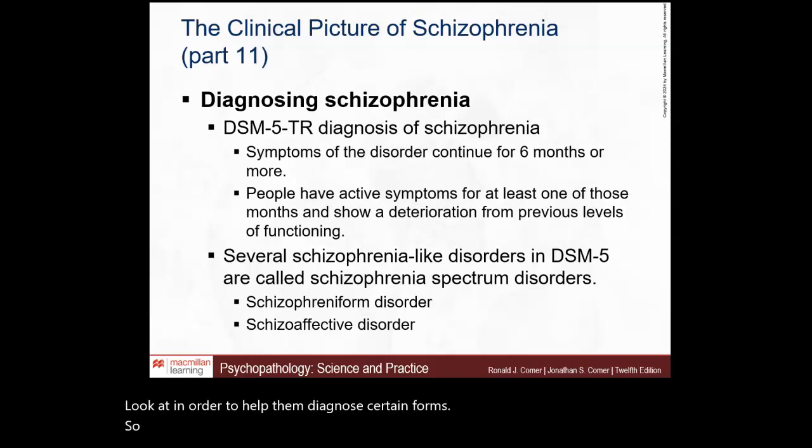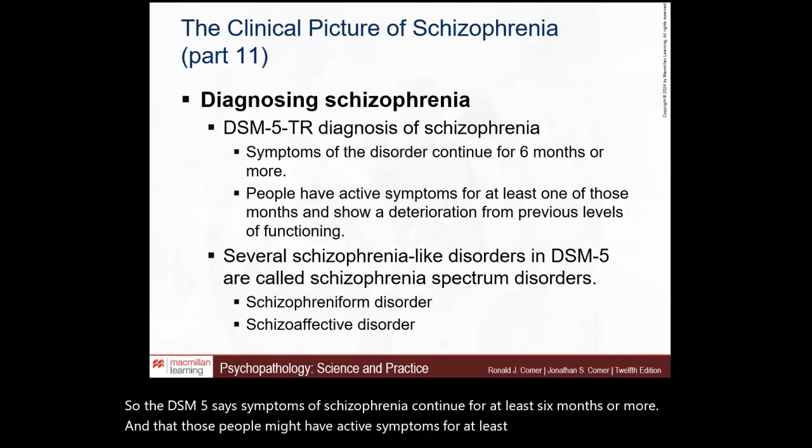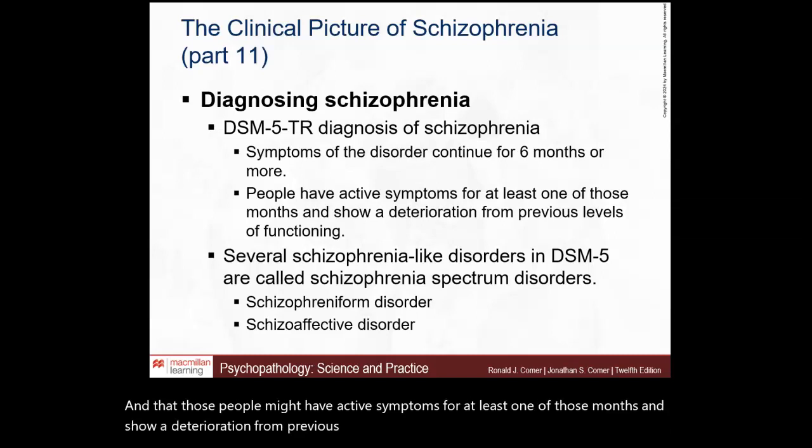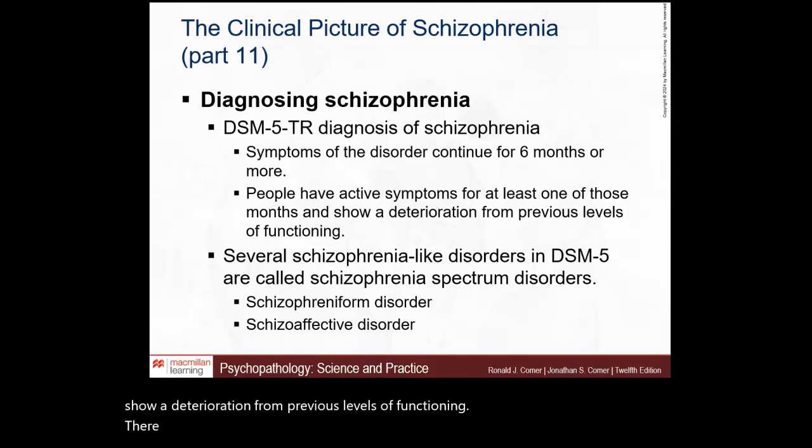The DSM-5 says symptoms of schizophrenia continue for at least 6 months or more, and that those people might have active symptoms for at least one of those months and show a deterioration from previous levels of functioning. There are other schizophrenia-like disorders in the DSM-5, and those are called schizophrenia spectrum disorders.